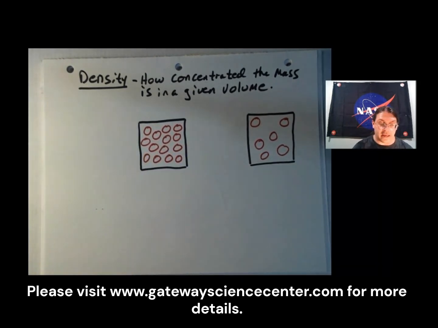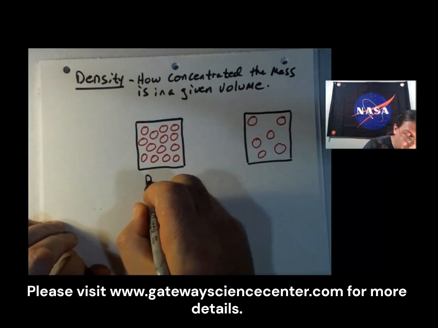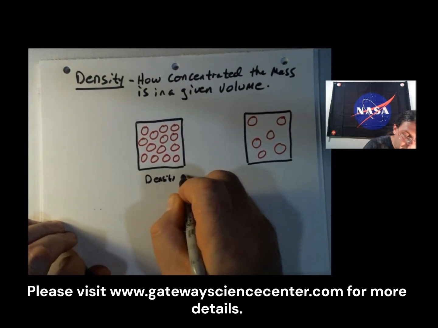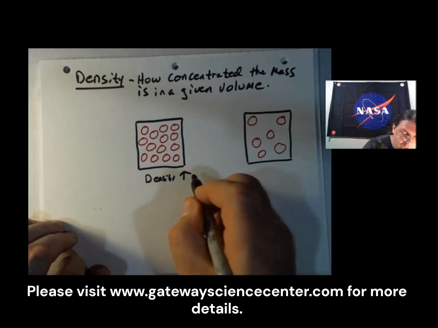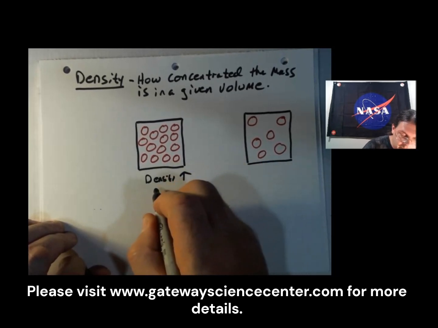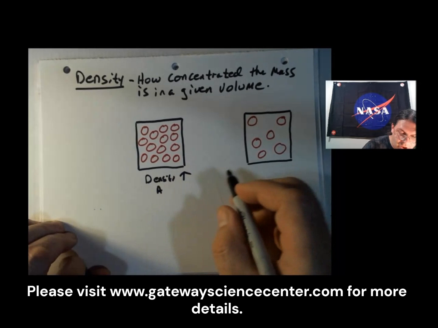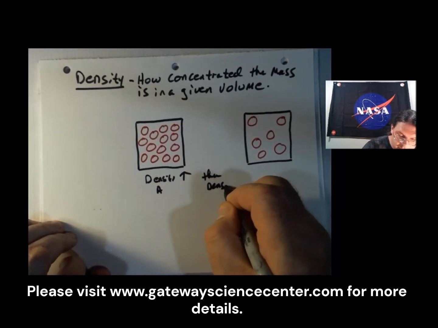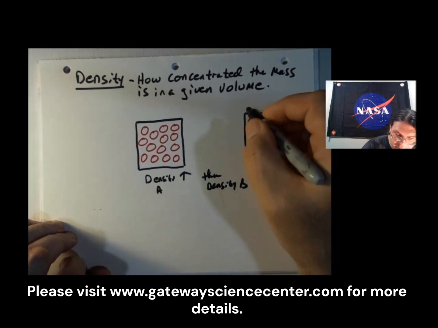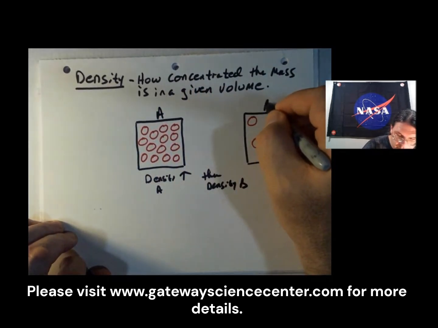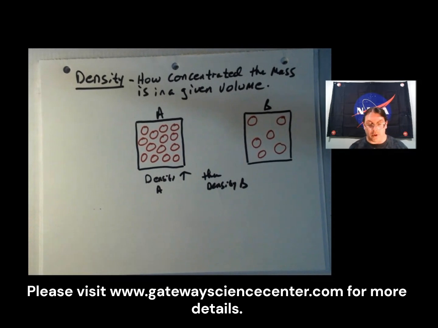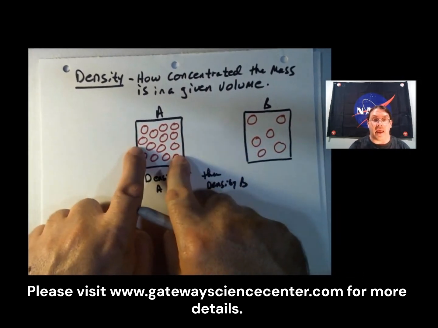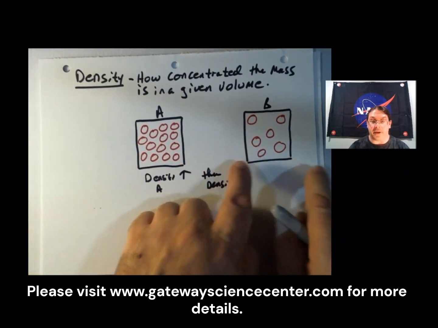So density A is higher than density B, this being A, this being B. Simply because of compactness. A is more compact than B, A has a higher density than B.